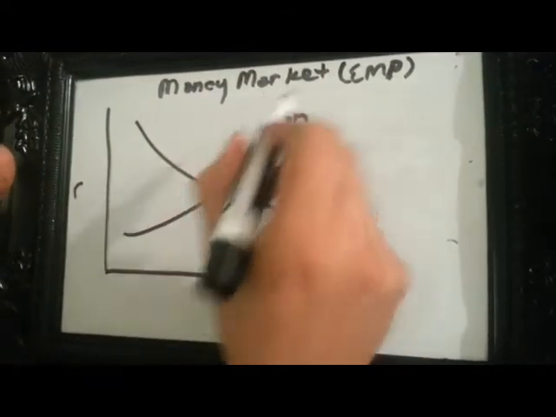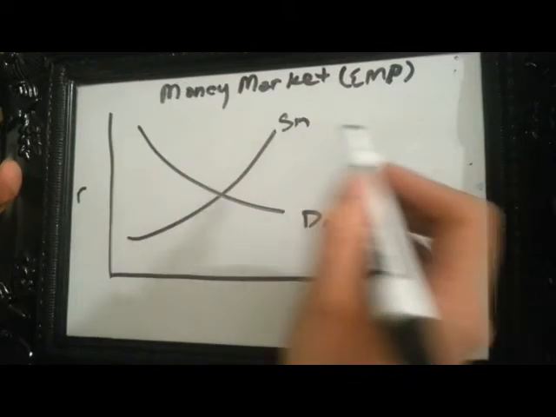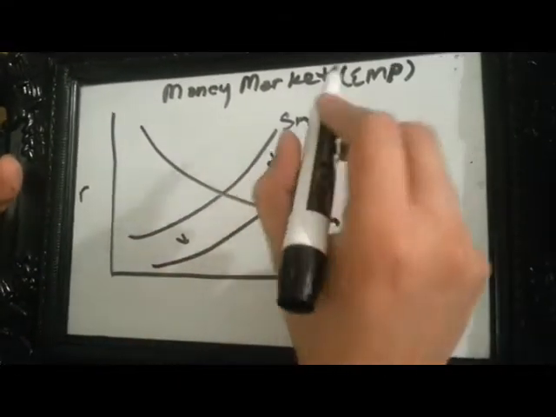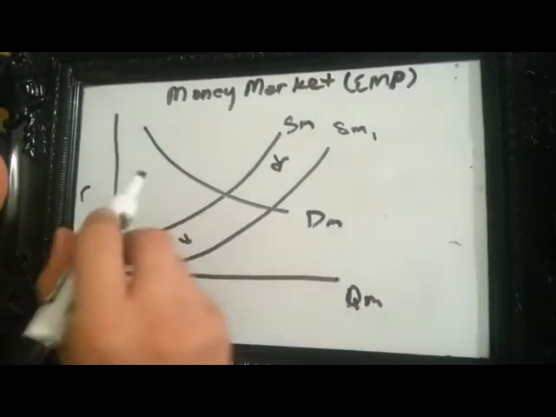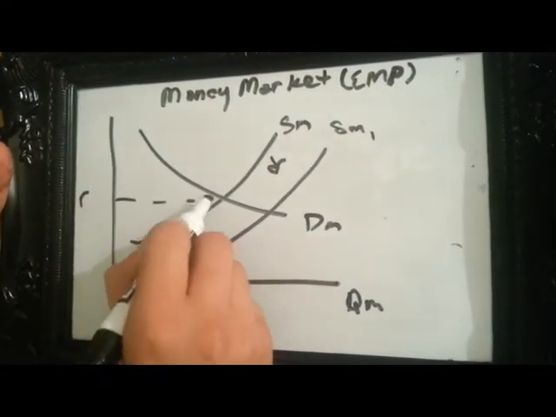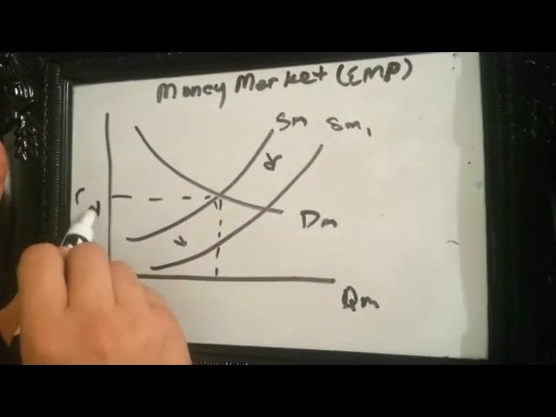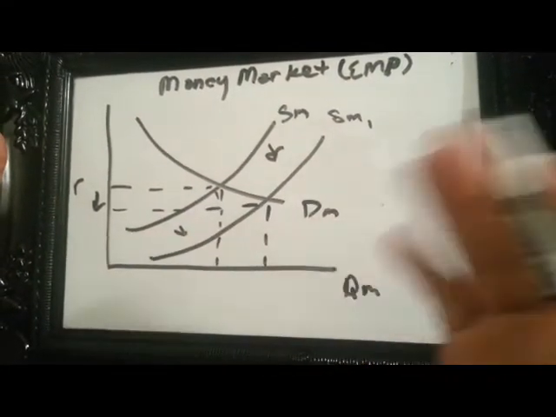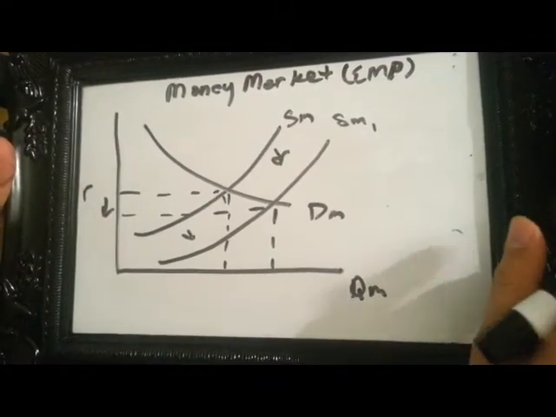So what happens is, for expansionary monetary policy and open market purchase, we are increasing the money supply. So we shift it here. As you can see, the effect of this open market purchase is we lower the interest rate, therefore making it easier to lend, or decreasing the price of money.